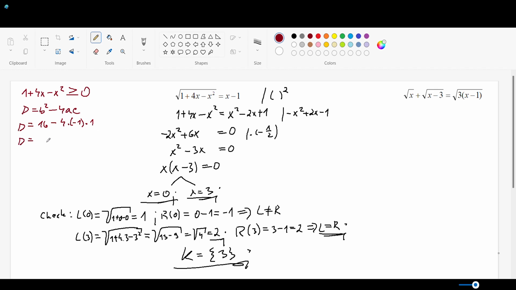So our discriminant will be, oh, it looks like it's not going to be a very nice number, so it's 12, no, it's not 12, oh no, I'm sorry. It is 16 plus 4, which is 20.